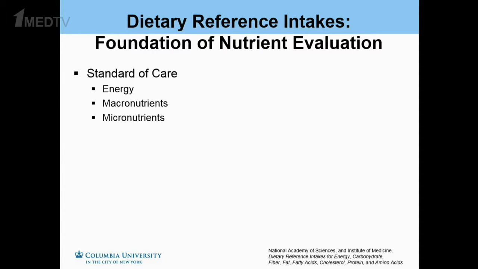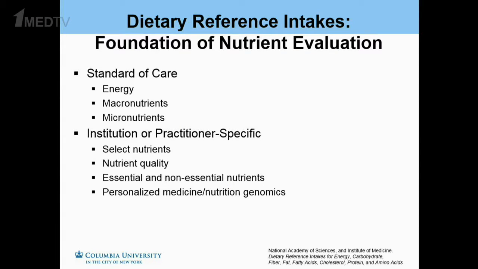So in terms of how to calculate needs, how many calories a patient should have every day, and how much micronutrients, the dietary reference intakes are really, I think, the general world standard and foundation for nutrient evaluation. Again, as I mentioned earlier, there are institution and practitioner specifics or alterations that may occur.